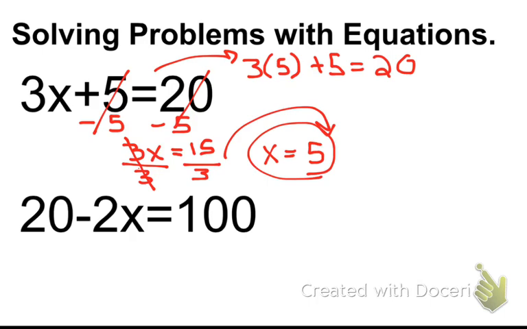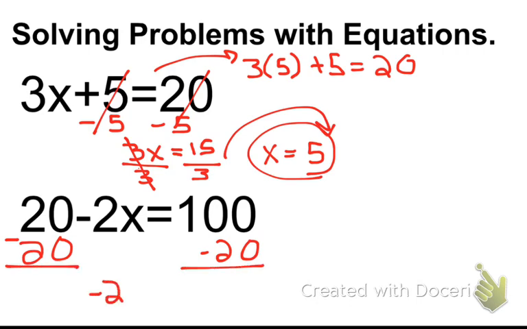Okay, slightly bigger one here. 20 minus 2x gives me 100. Now this is going to be a little tricky. I want to get rid of that 20, so I'm going to subtract 20 from both sides of the problem. What I'm left with is negative 2x. Remember that negative didn't go away. It equals 80. Now I have to divide, because I want to get rid of that negative 2.